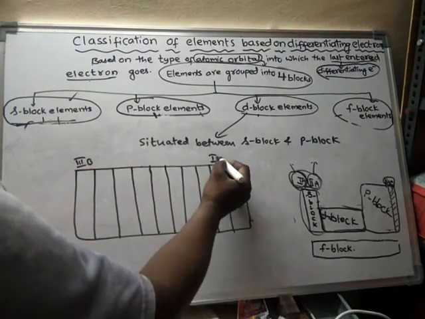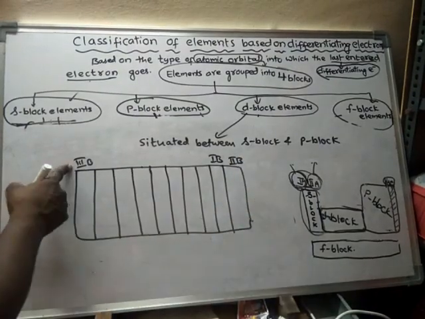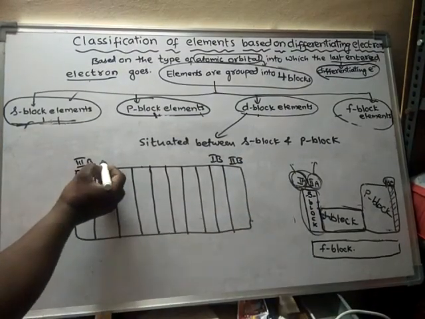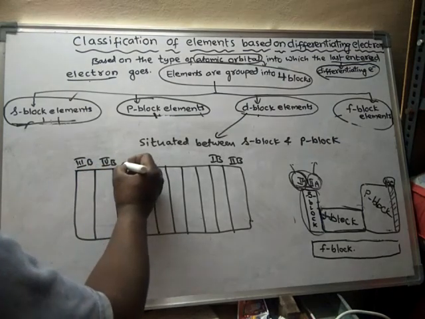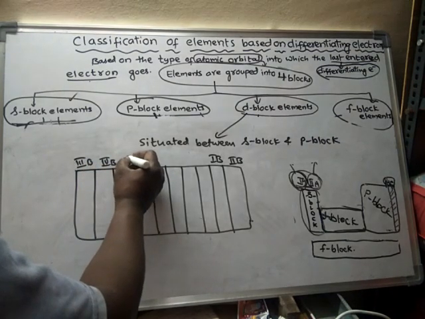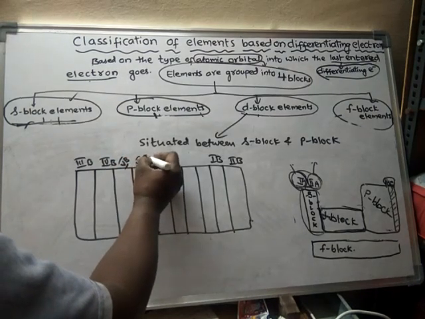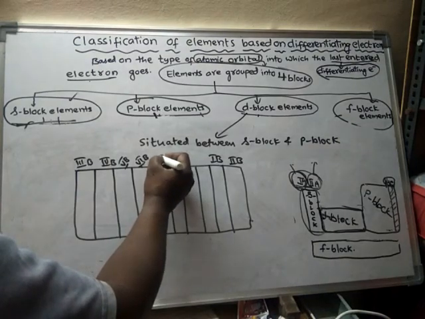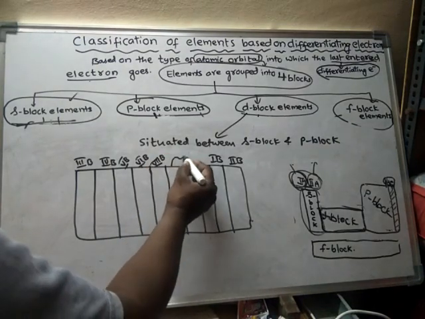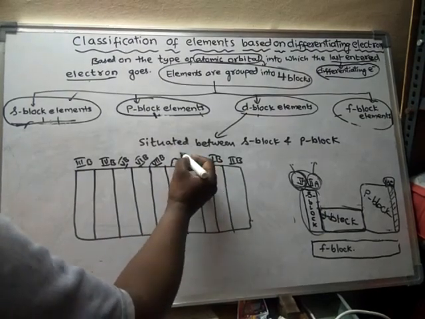So here first B, second B, and third B. These are fourth B. Now this is fifth B. This is sixth B, and this is seventh B. These three groups together are called the eighth group.